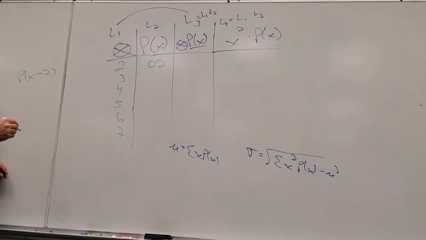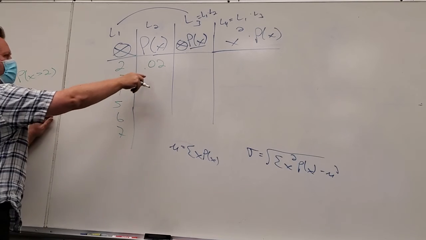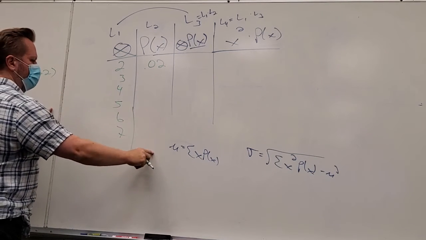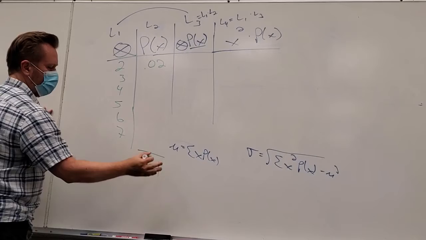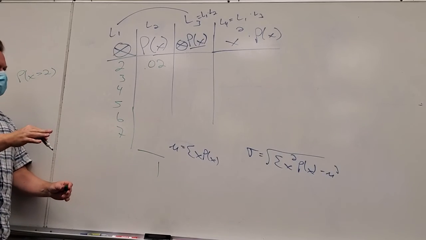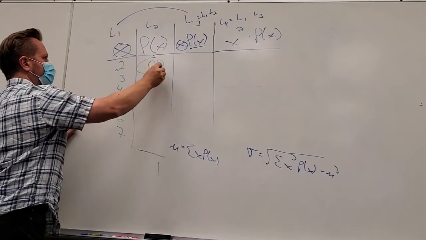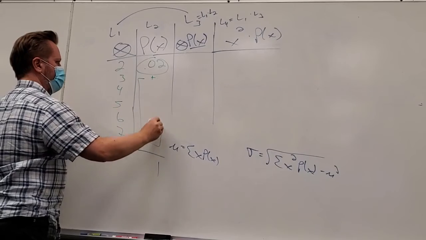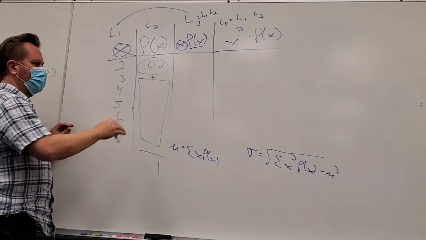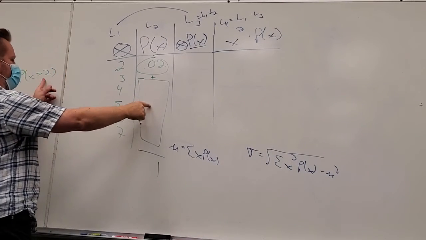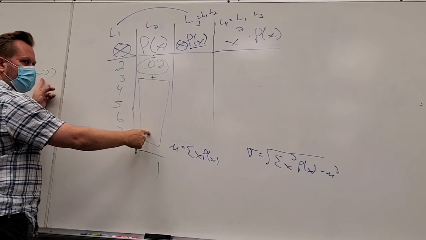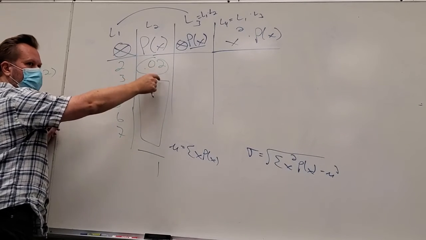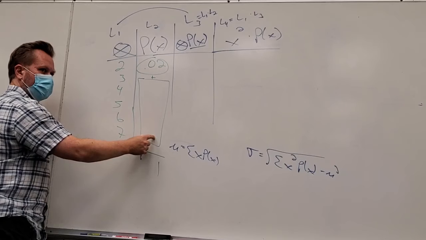Or, now once it makes sense, what do all of these have to add up to be? Let's say 1, close to 1, but let's say 1 for this. So doesn't this plus all of this equal 1? Yes. And you're currently telling me this question wants all of these, yes? Wouldn't that be 1 minus 0.02?